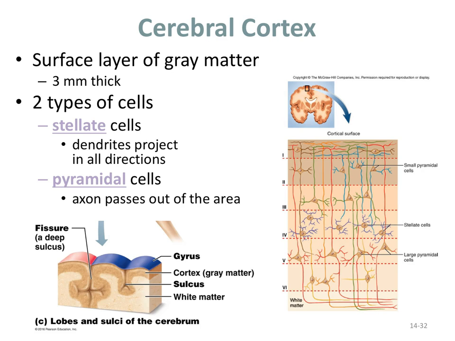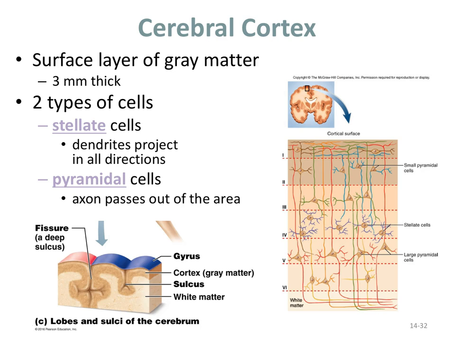The cerebral cortex, those outer 3 millimeters of the brain, contains 2 types of cells. It contains stellate cells that look like little stars, whose dendrites project in all directions, and it contains pyramidal cells. These pyramidal cells look more like a pyramid and have axons that pass out of the area.